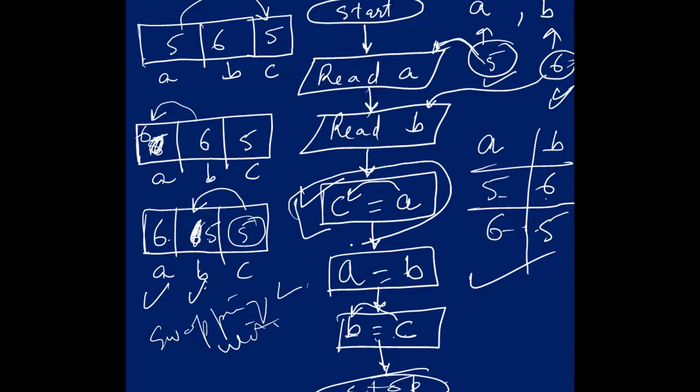We have to interchange the value of A and B. So I will try to explain swapping of two numbers without using third variable in next tutorial.